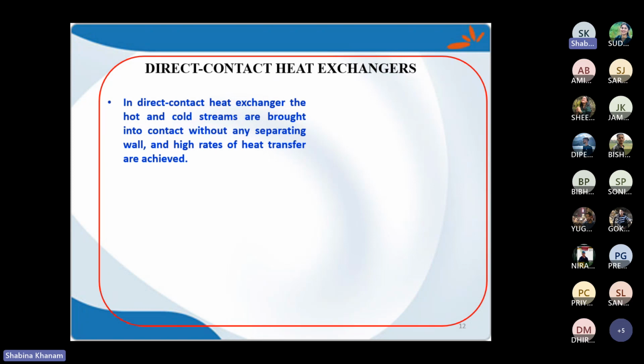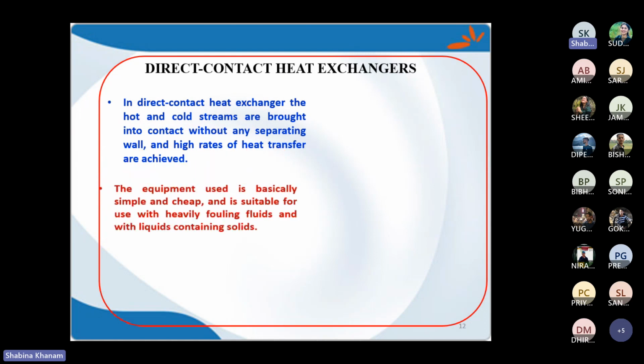It will give resistance to heat transfer, and because of that resistance we observe a lesser heat transfer coefficient. You already know that where I have less heat transfer resistance, we can have more heat transfer coefficient. So here heat transfer rates are higher because of no separating wall.